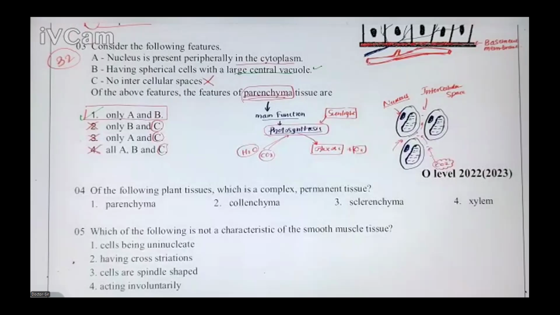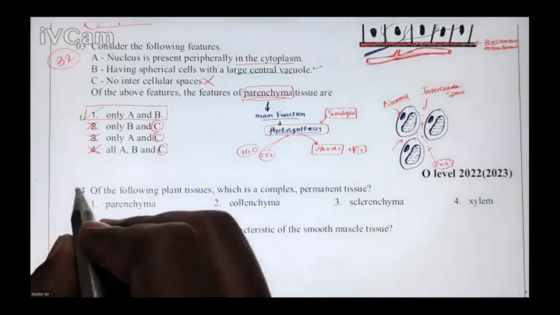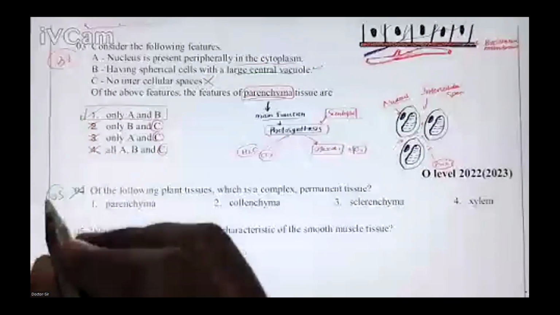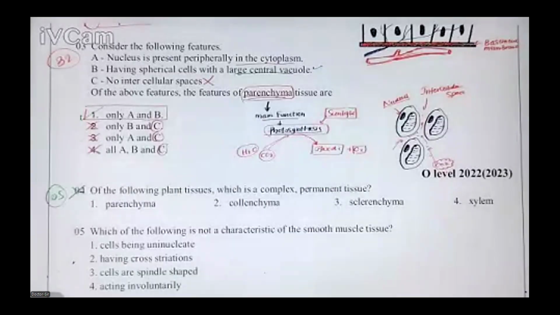Then 2022, question number 5. Okay, this is not a 4, it is question number 5 in the real paper.